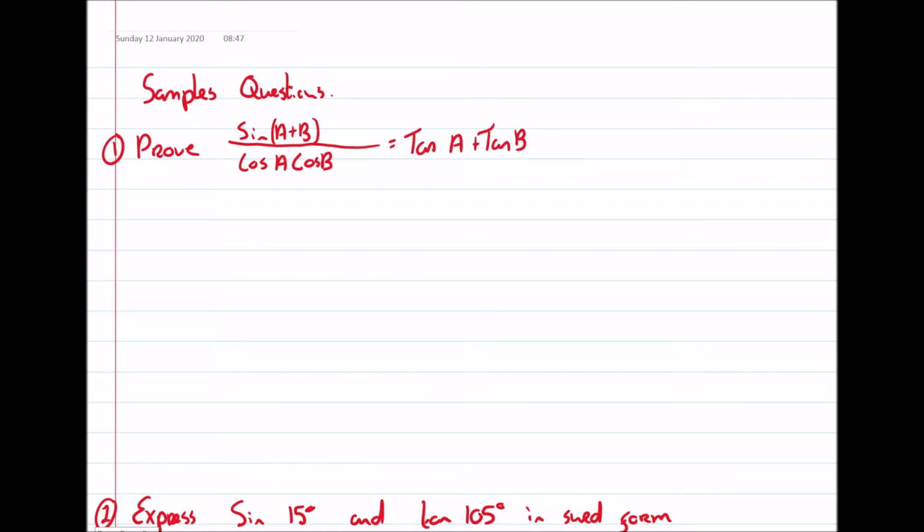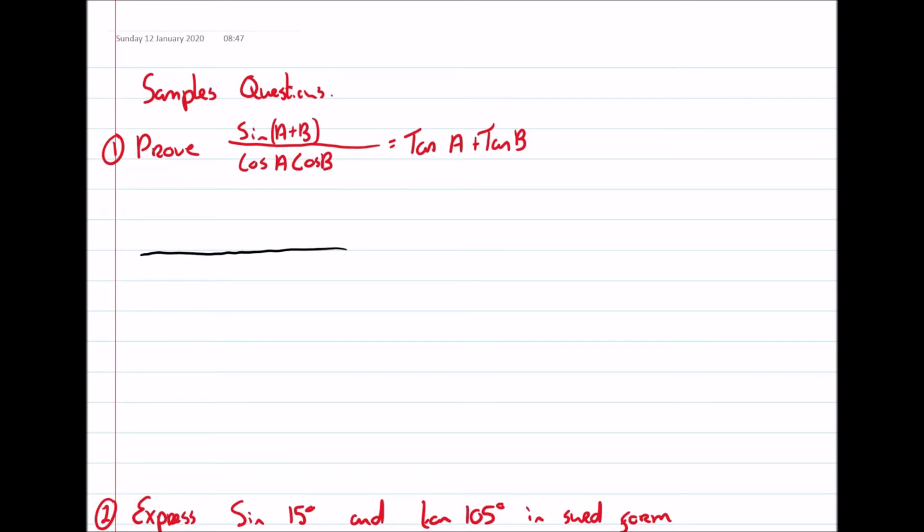So this is generally the type of question you'll get. It says prove sine (A plus B) over cos A multiplied by cos B equals tan A plus tan B. Right, the first thing we're going to do is look at the left hand side, and we're just going to multiply it out.